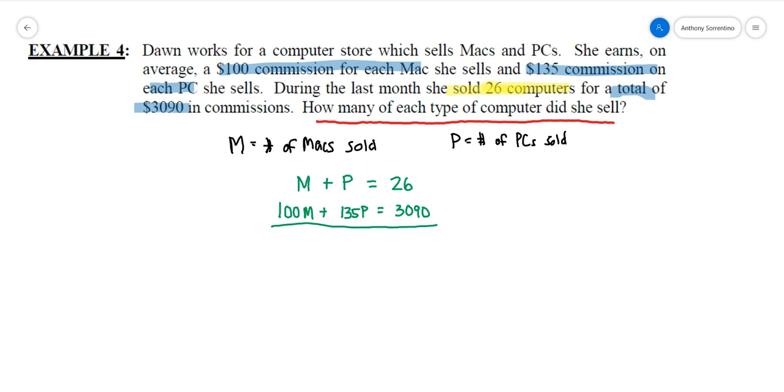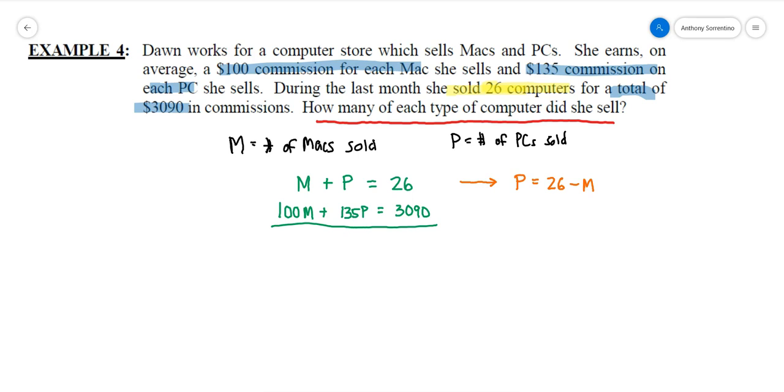I chose to solve for P. And so I changed this equation here into P equals 26 minus M. Because now what I'm going to do is use this and substitute into the bottom equation.